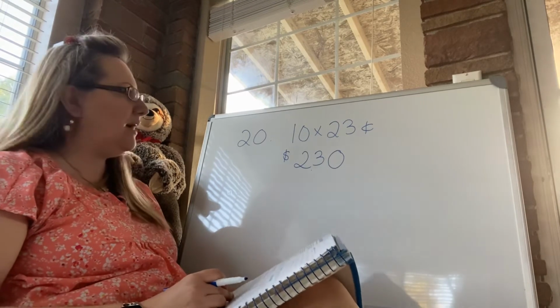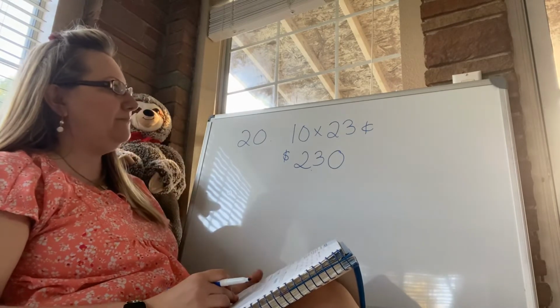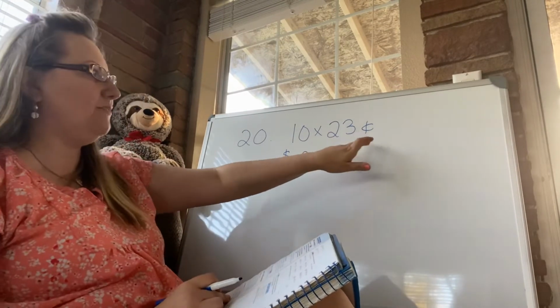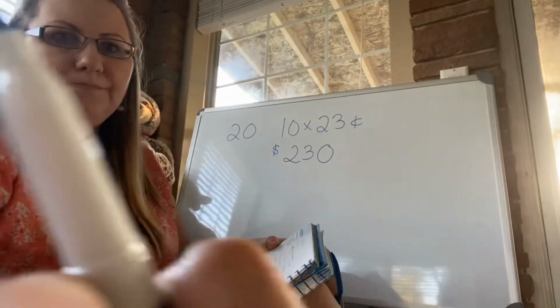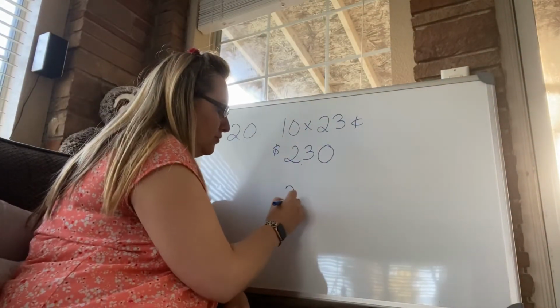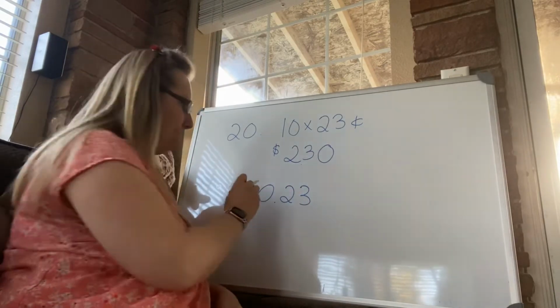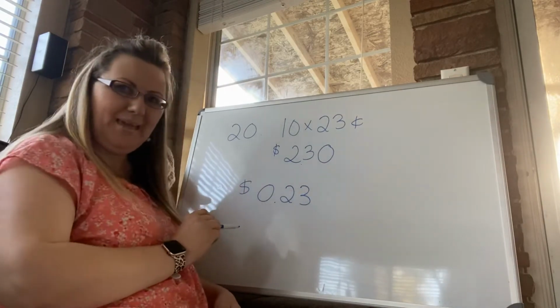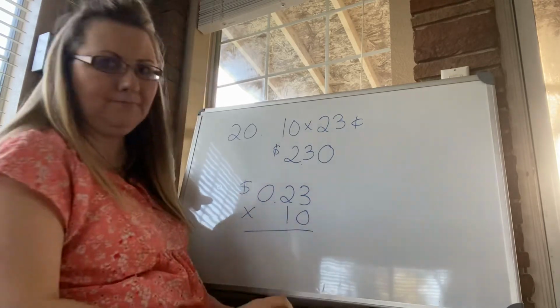And you might wonder, well, how did you know that exactly? So let's think about what this actually means. If I rewrite the cents to look more like the way we write dollars, it makes a little bit more sense. So we might say 0 and 23 cents, okay, times that 10, right?